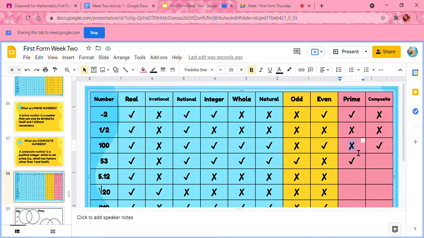And because it is prime, that means it is not a composite. 5.12? None. It's none of them. Very good.